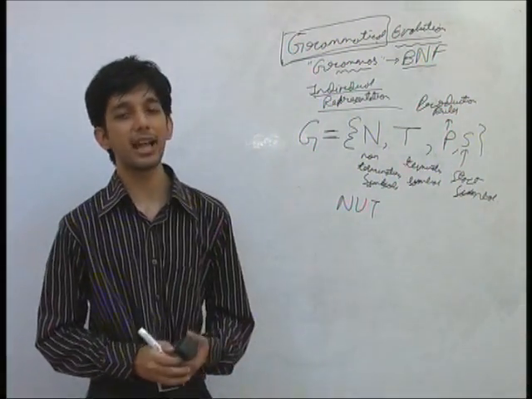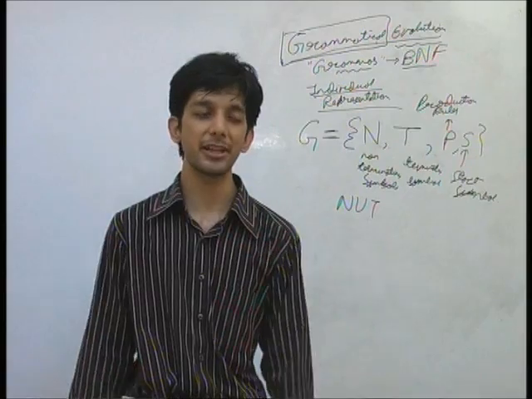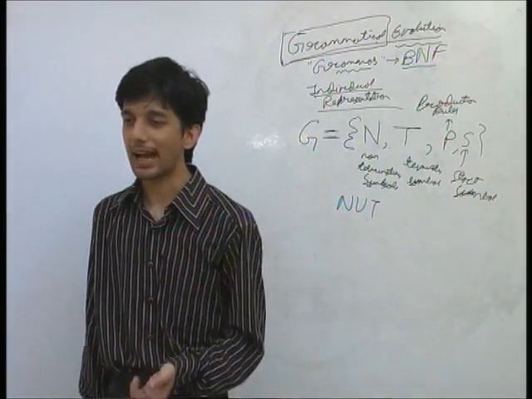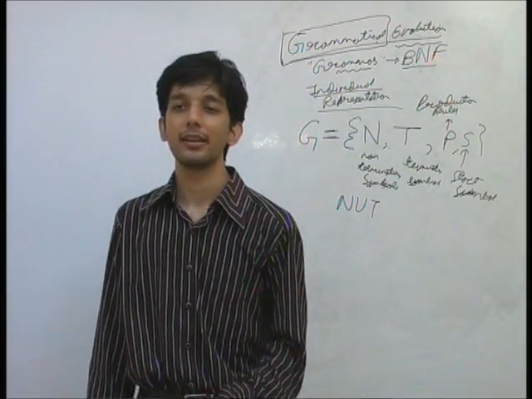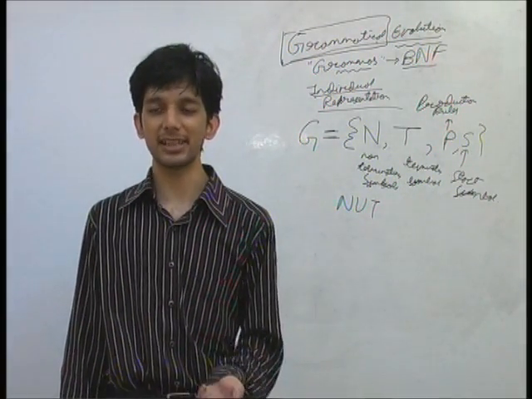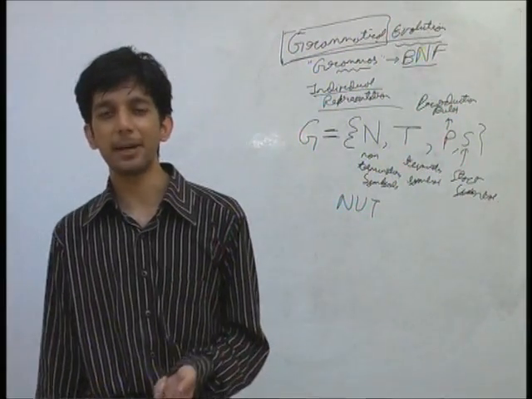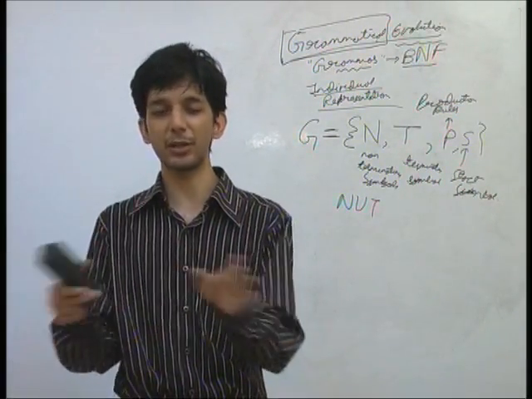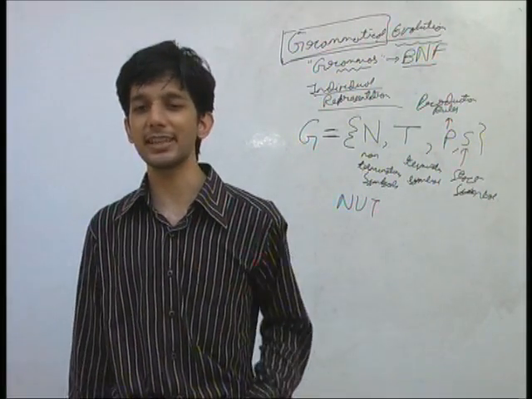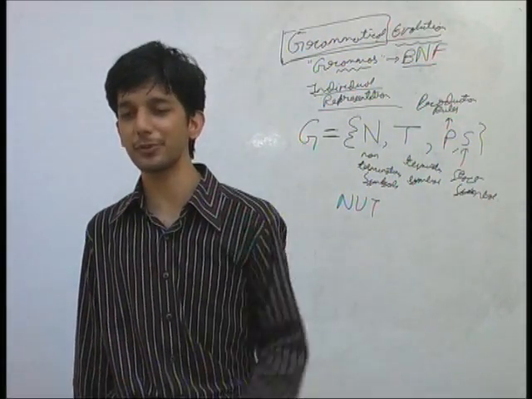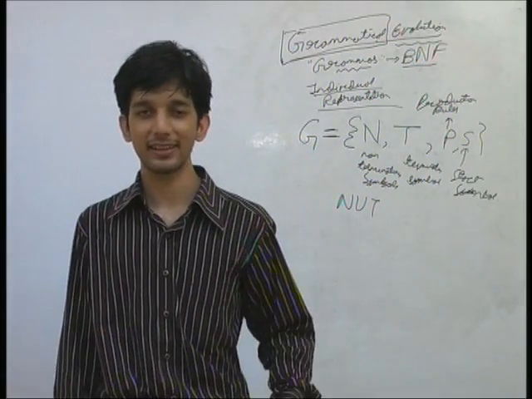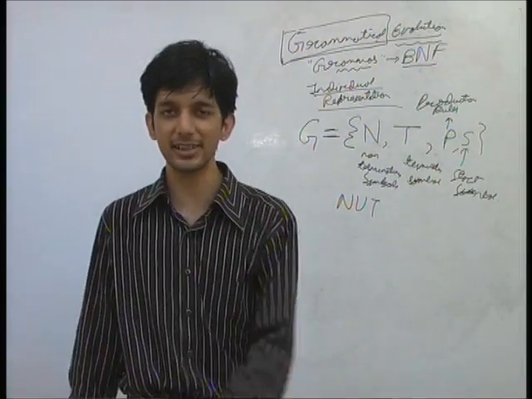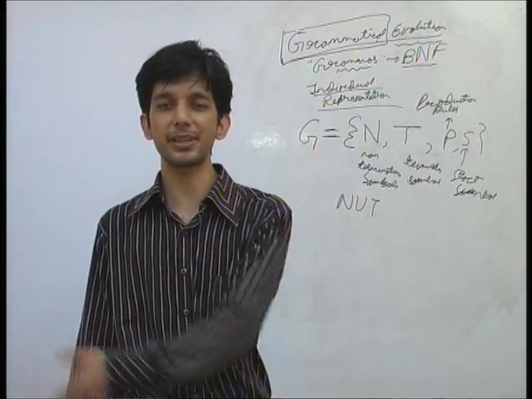Whenever I work with grammar, my general guideline is that suppose I need to construct a sentence, I'll have some start symbol. Let me say the sentence itself. I'll apply a set of rules to see how this sentence can be broken down into a combination of nouns and verbs. I'll further see how these nouns and verbs can be further broken down into sub-phrases. So there's a noun phrase, there's a verb phrase, I'll try to break them down further into sub-phrases. I'll make them further break down into sub-sub-phrases.